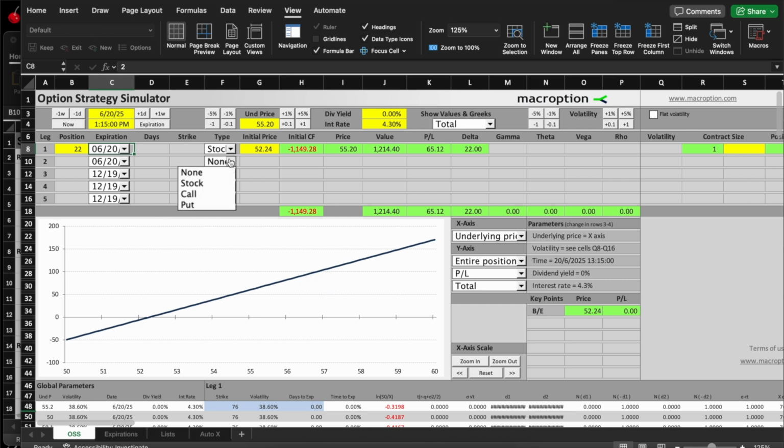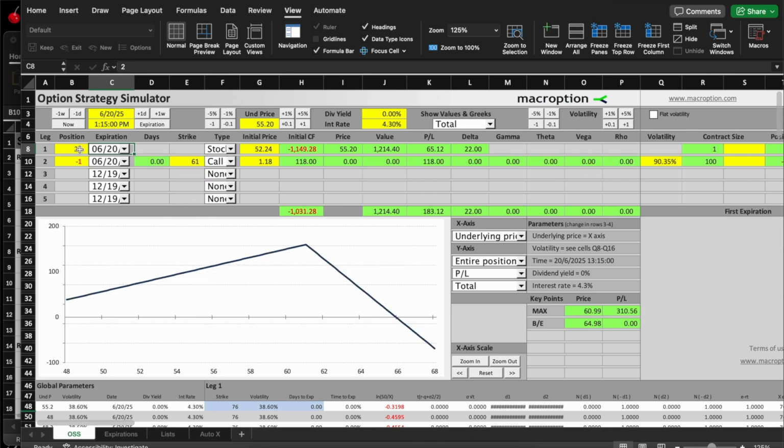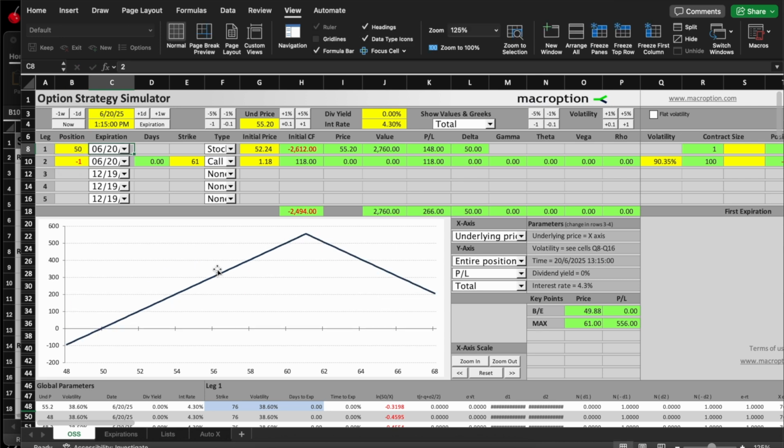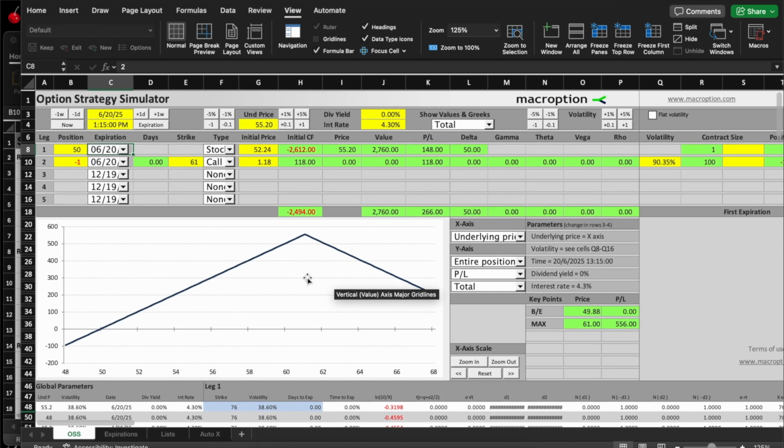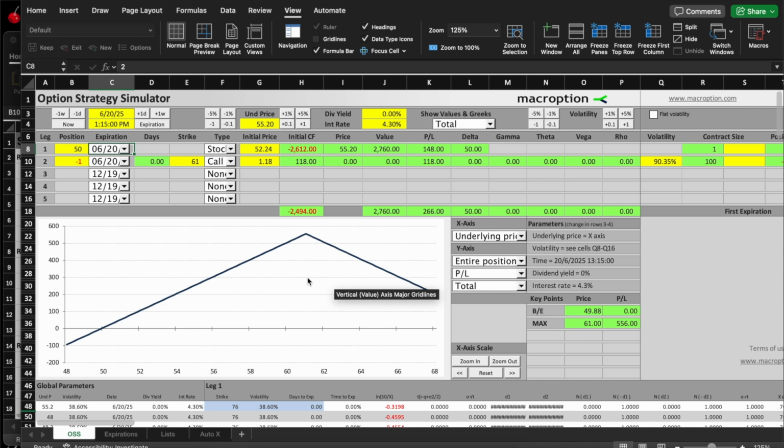But when I add the call to this position of 50 shares of stock, now I've decided that I'm going to be short vol, and that is an important distinction to make that I don't think a lot of people realize they're making when they're writing a covered call.